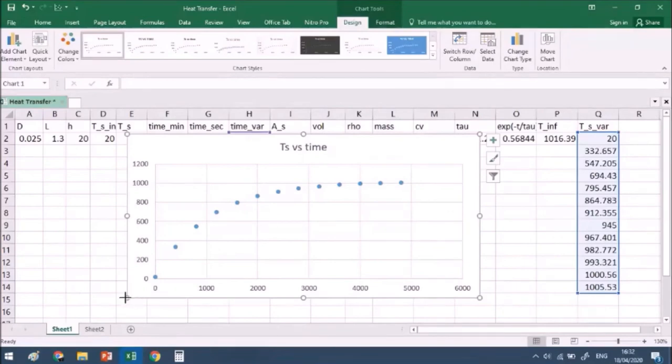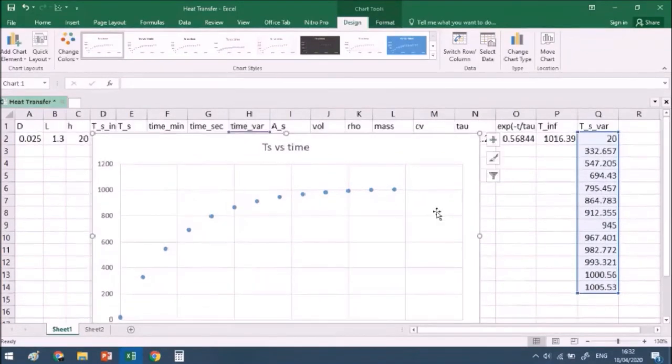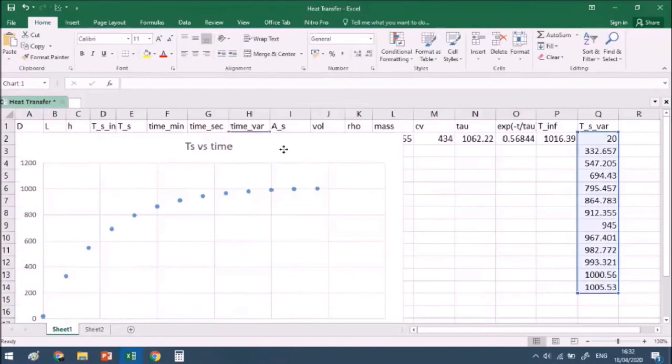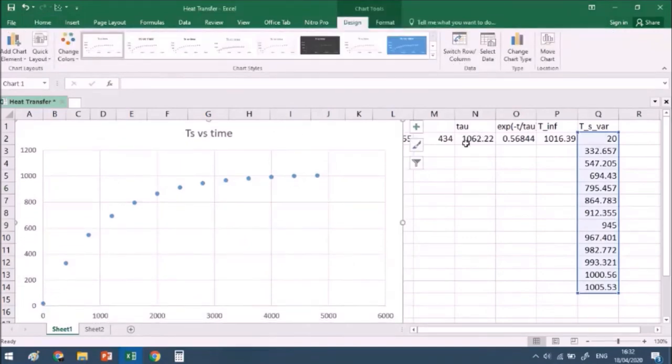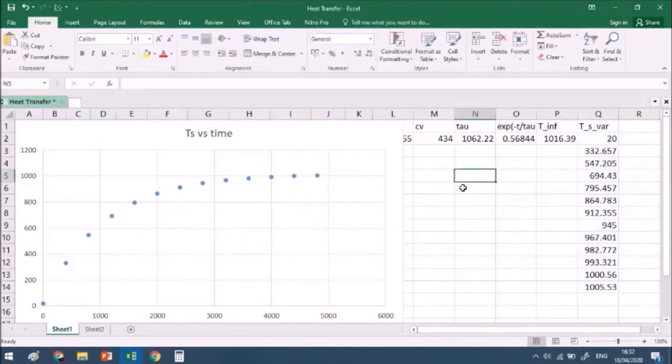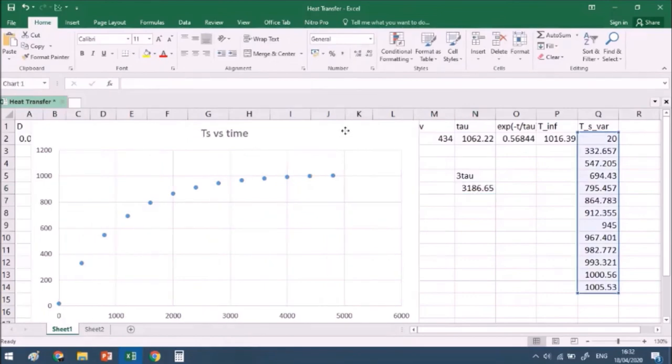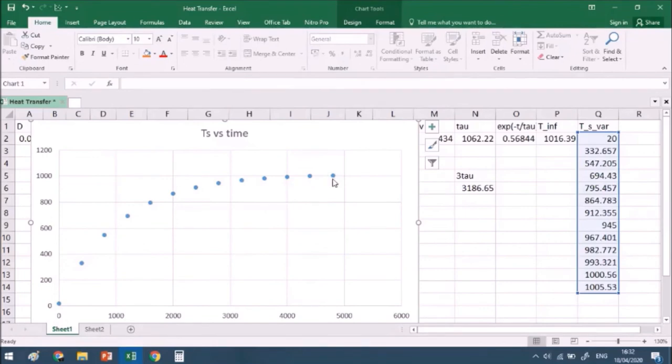Okay, it is the famous exponential curve. So after 3 time constants is this one, 3 times this one. Let's write it here, 3 tau. Around here, you see the curve almost becomes constant. It doesn't change anymore. 95%.